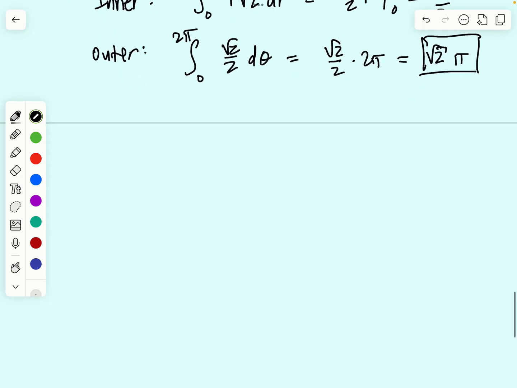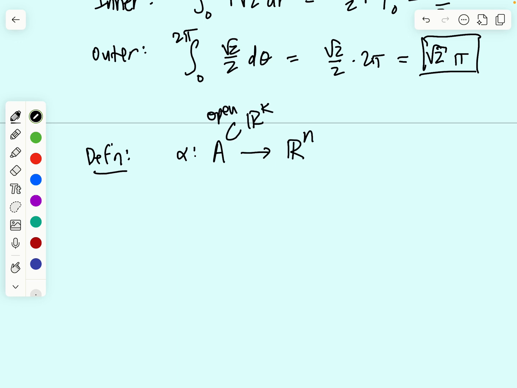So now we're going to talk about the integral of a function defined on a manifold. We have the same setup as before. We have a map alpha from A to, say, R^n. So A is some open set in R^k, and alpha is of class C^r.